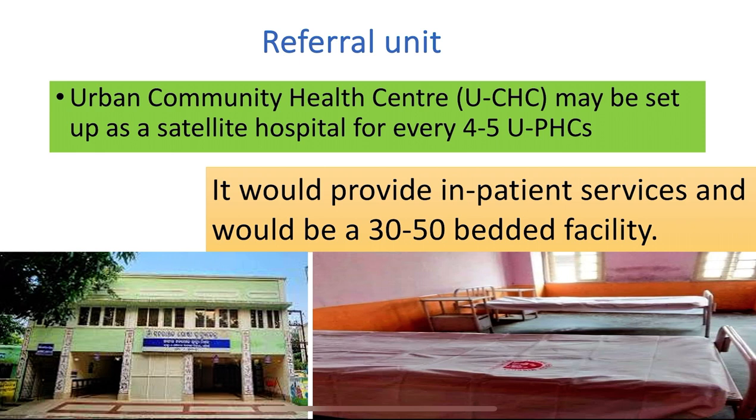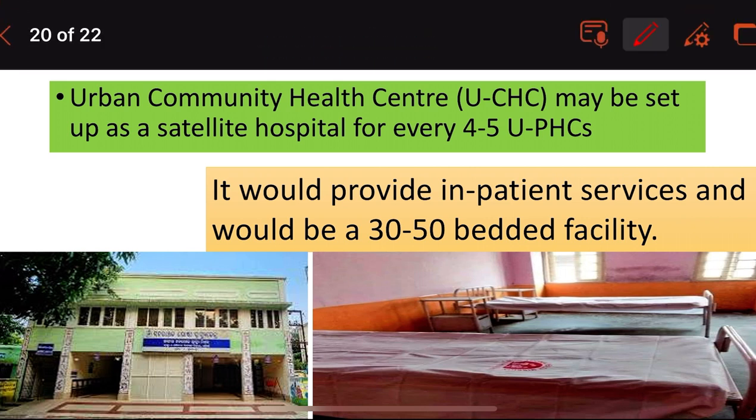Moving on to the referral unit. After the urban primary health center, we have the community health center. The urban CHC is the referral unit, which is set up as a satellite hospital for about 4 to 5 UPHCs. How can we understand that? Imagine this is one urban PHC, and the other urban PHC.